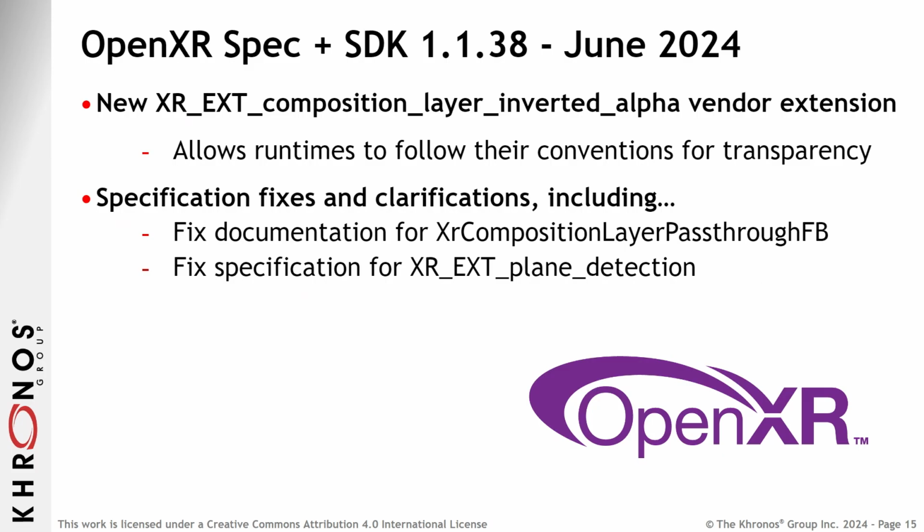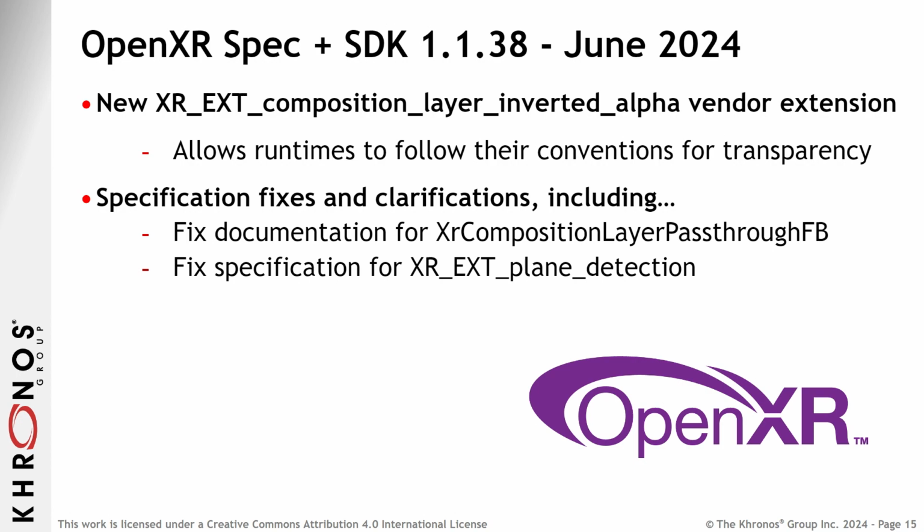So OpenXR 1.1 was released in April. We've already updated the OpenXR SDK to 1.1.38. That was released June 2024. Some of the things that we added in this update were a new composition layer for inverted alpha when 0 to 1.